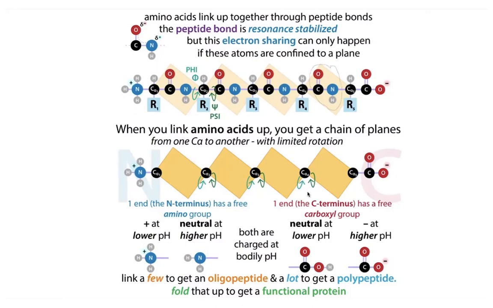And remember that for resonance stabilization, things need to be in a plane. So you're not going to be able to rotate around here. So you're going to get basically this chain of planes where you're going to have specific points at which you can rotate, but just how far you can rotate is going to depend on things like the size of your side chain and whether that bulk is concentrated near the backbone.